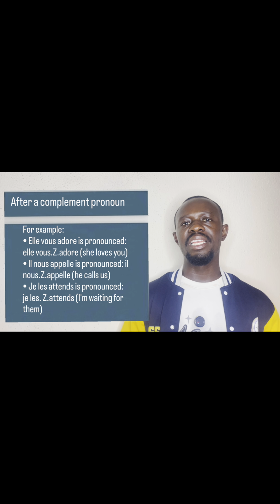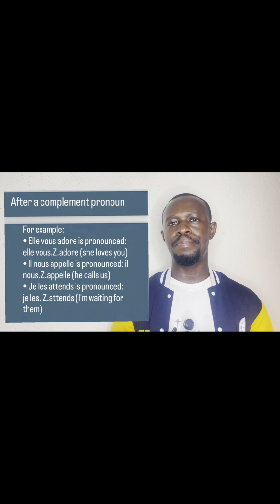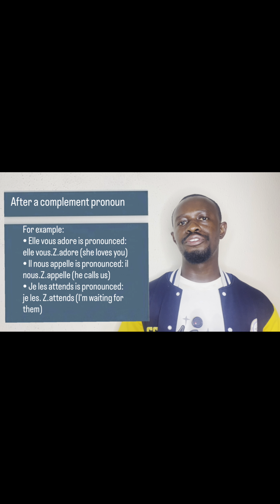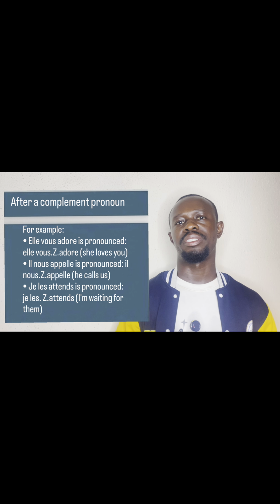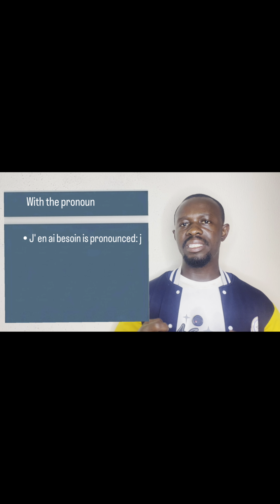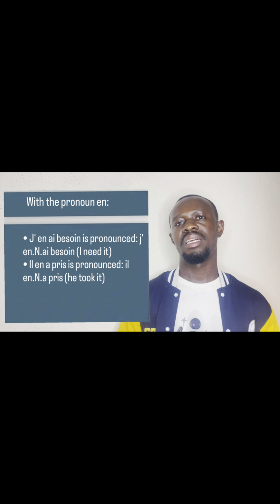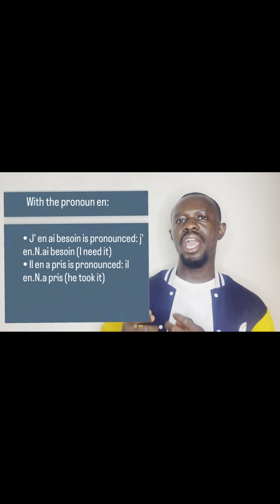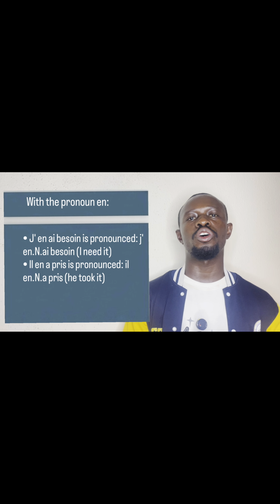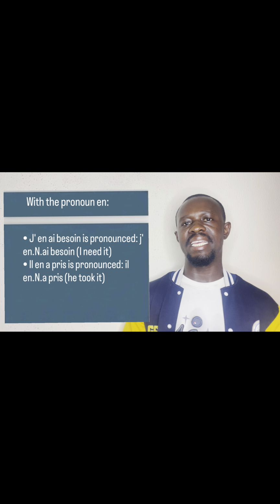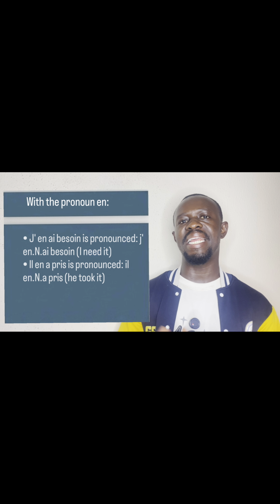Also, you can find it in "il nous appelle", and in "je les attends". Alright? With the pronoun en, you can find it in "j'en ai besoin". So we say "j'en ai besoin". And you can find it also in "il en a pris". So we say "il en a pris".